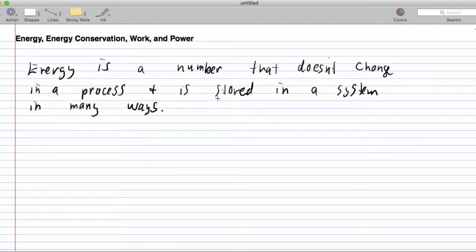And this fact can actually help us solve physics problems. Okay? So this is the really quick summary of what you're going to get to in the reading.